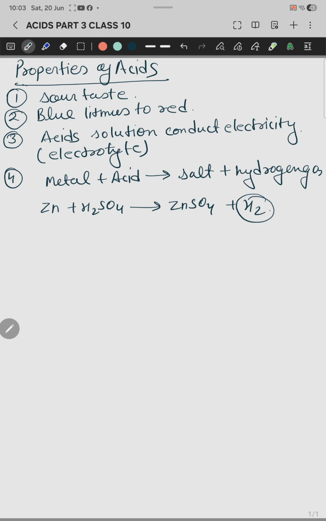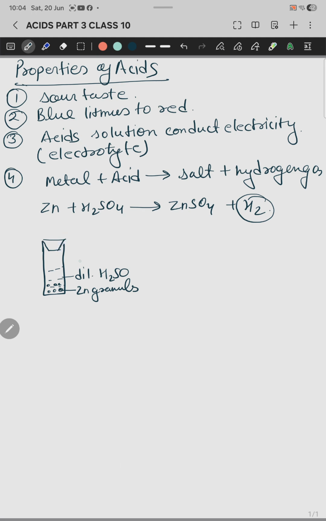Now how can we identify that hydrogen gas comes out from the reaction? We have an experiment for this. What we have to do: first we take dilute sulfuric acid. Suppose this is H2SO4 and we add zinc granules, which are silvery white in nature, and fit it with the help of a cork.